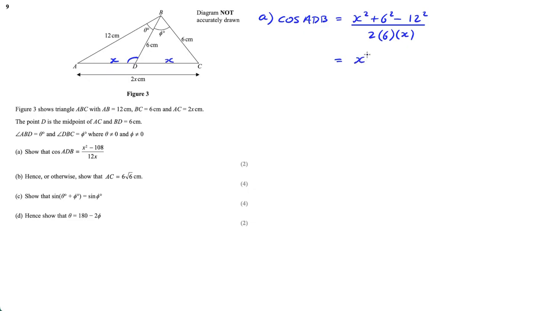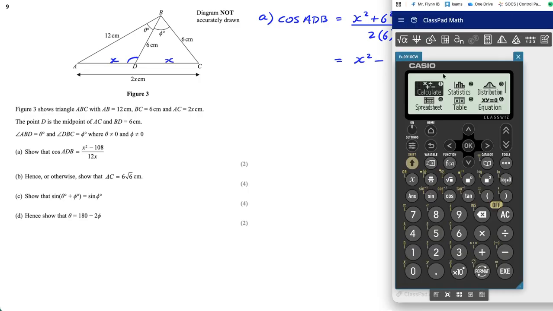Now, that is equal to x squared plus 36 minus 144, I would assume, is that.